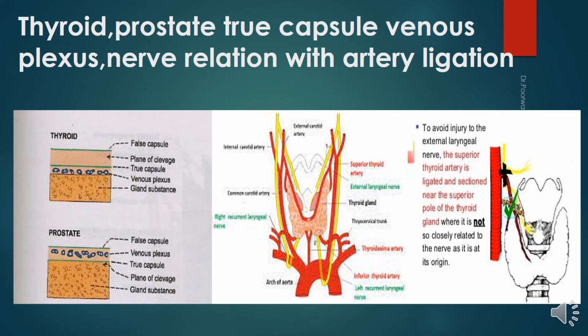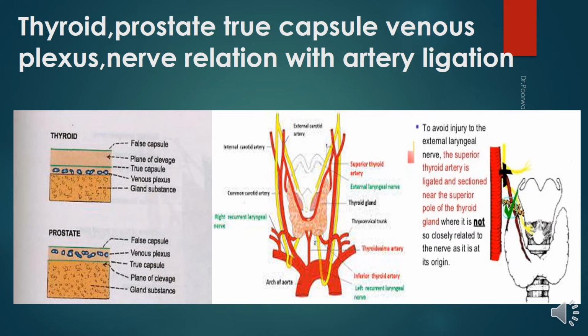During thyroidectomy, the superior thyroid artery is ligated near the gland to save the external laryngeal nerve, and the inferior thyroid artery is ligated away from the gland to save the recurrent laryngeal nerve. Again, the next anatomical aspect to be discussed here is that a dense capillary plexus is present deep to the true capsule.